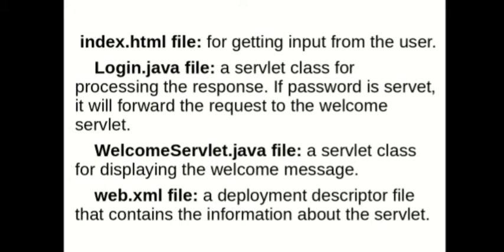The web.xml file is a deployment descriptor file which contains information about servlets. So we have to create aliases for login.java and welcome servlet. In the web.xml file we use those names as servlet 1 and servlet 2, and instead of login and welcome servlet, in the forward and include methods we have used servlet 1 and servlet 2 only.